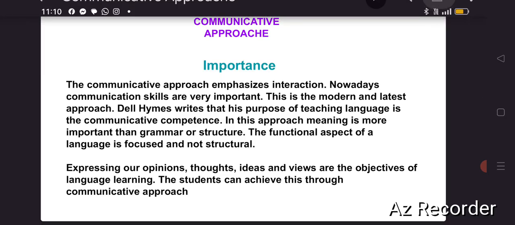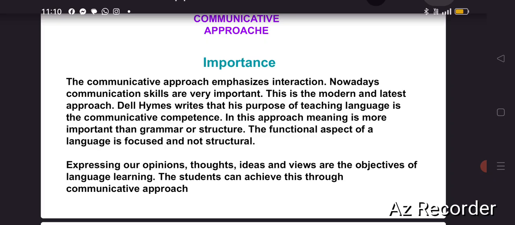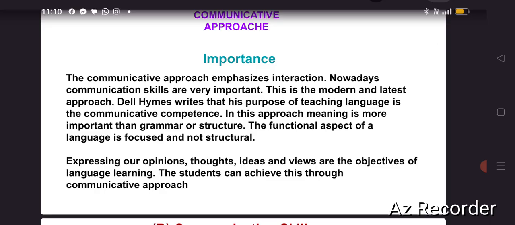Pupils means students. So for the teaching learning process, communication between teacher and student is most important, and the teacher has to have competency of communication. Suppose there is no competency of communication, the teaching and learning process will not go properly.